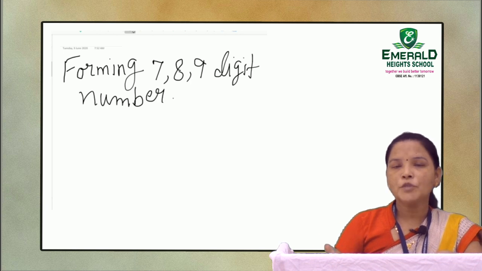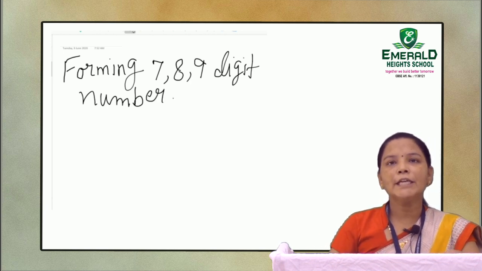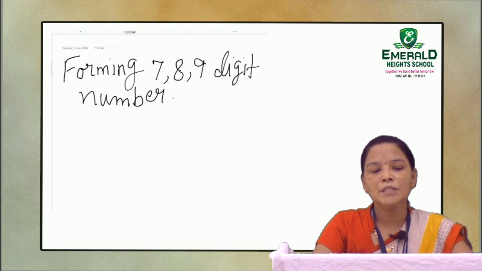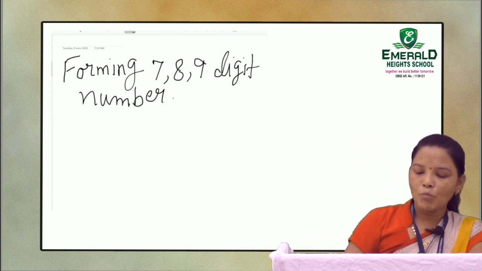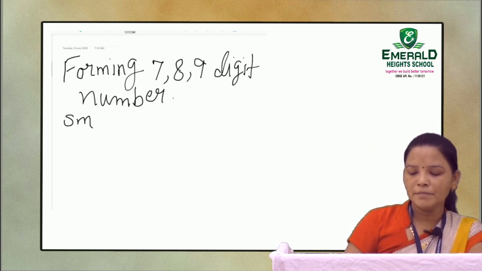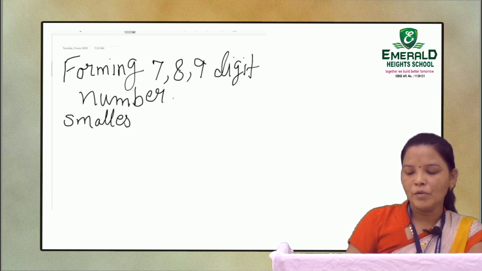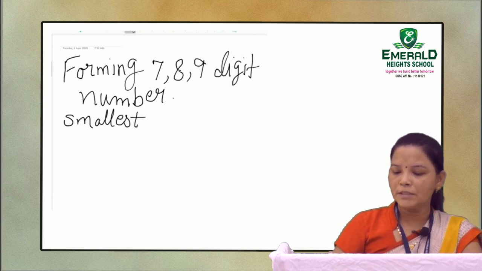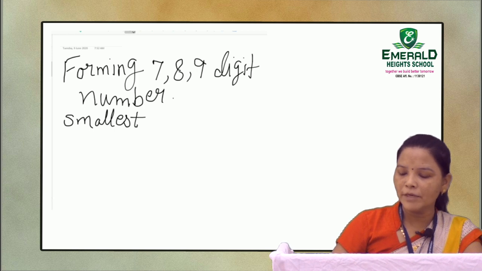Now first of all, to find the 7 digit, 8 digit and 9 digit numbers, we will write the smallest 6 digit number first. On left side we will write the smallest digit numbers and on the other side we will write the greatest digit numbers.